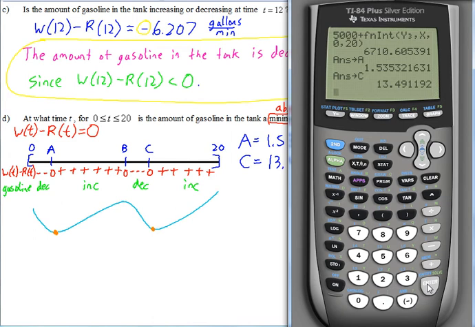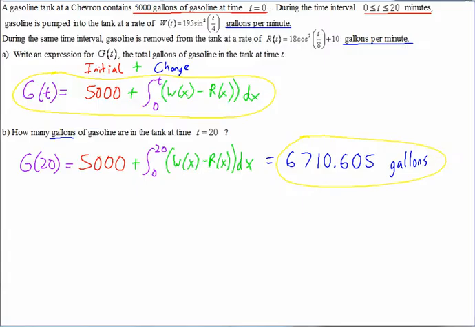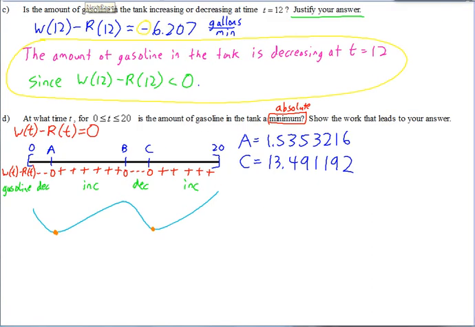Now, to figure out which one actually is where the minimum occurs, we have to compare how much gasoline is in the tank at both of these times. And that's where we can use our function g of t that allows us to figure out the amount of gasoline at any time. So we can find g of A versus g of C. See which one is smaller.